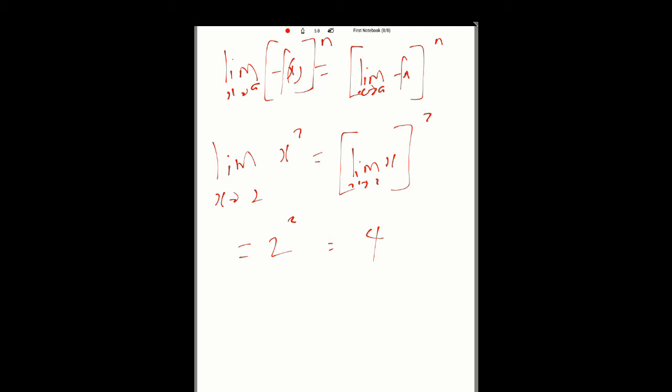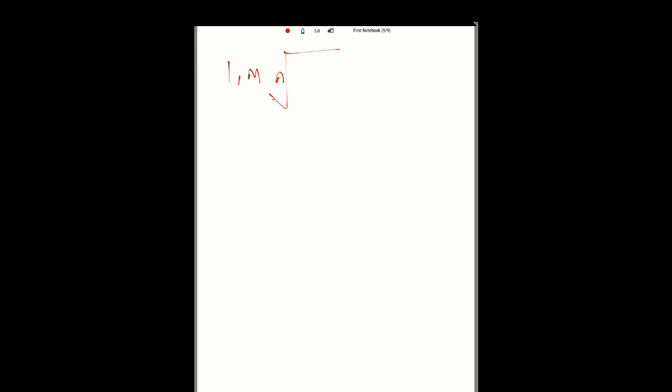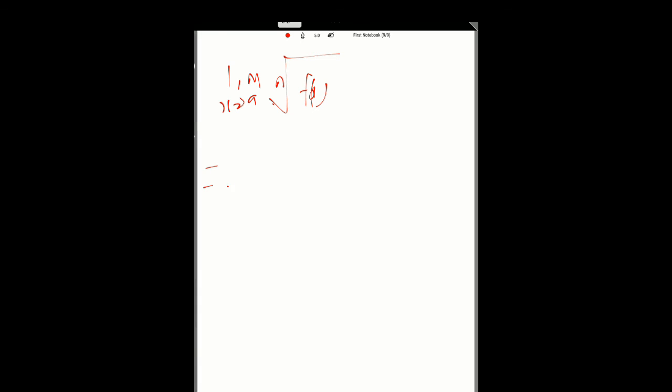And similarly, the limit of the nth root of f of x as x approaches a would be equal to the nth root of the limit of f of x as x approaches a.